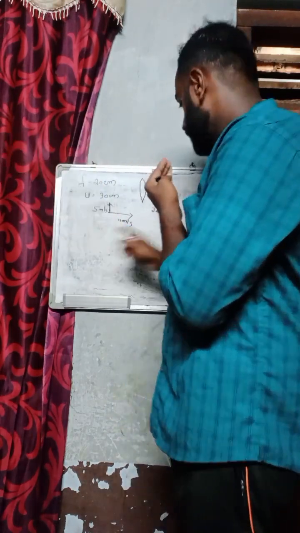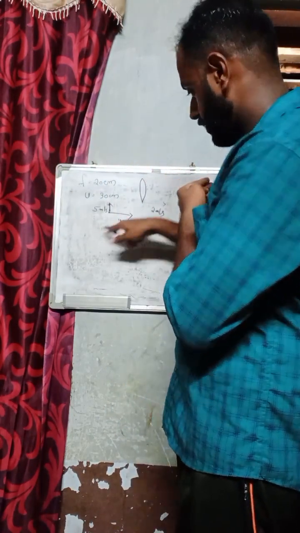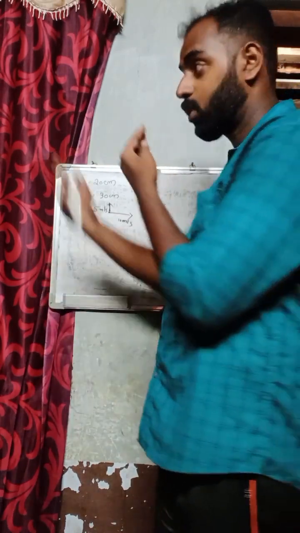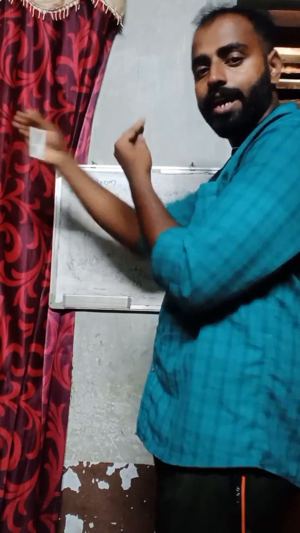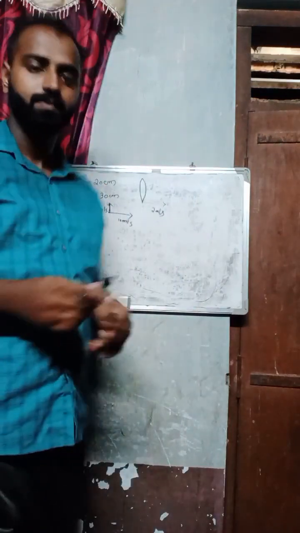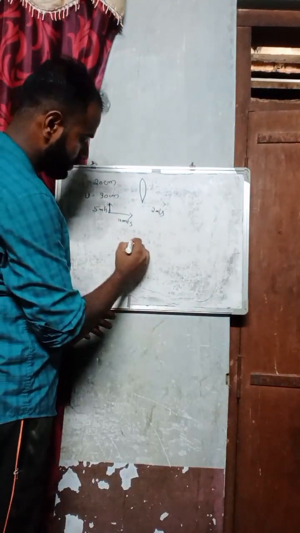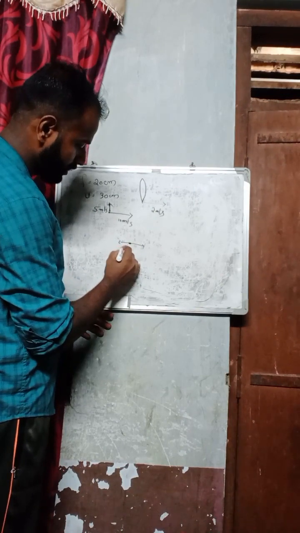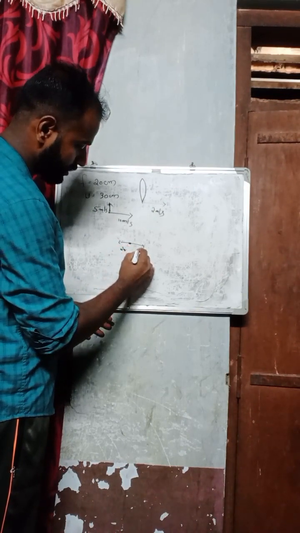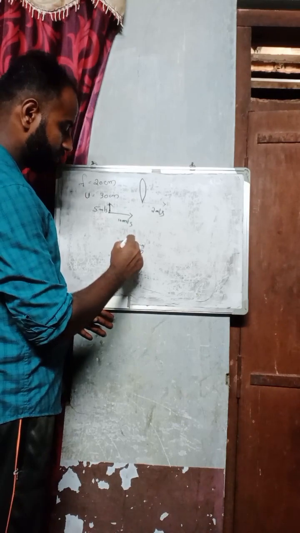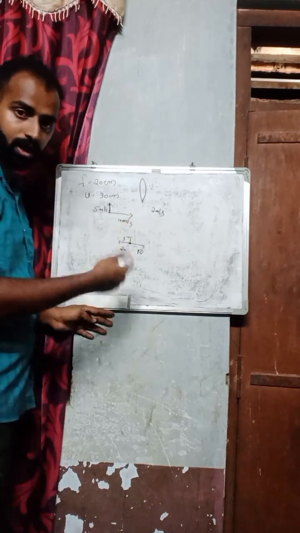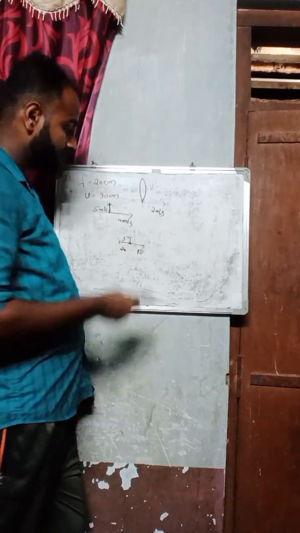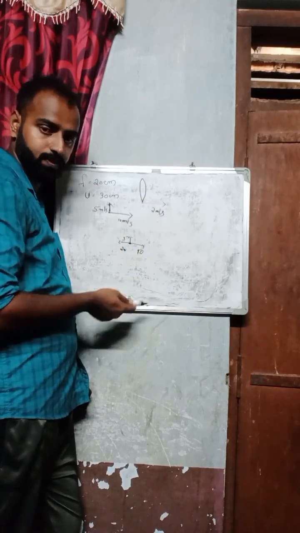After reversing, the object is appearing with a speed of 8 meter per second. This is 10, this is 2 meter per second. The y component is obviously 5 because there is no relative motion with respect to the lens; the lens is moving only in the x direction.